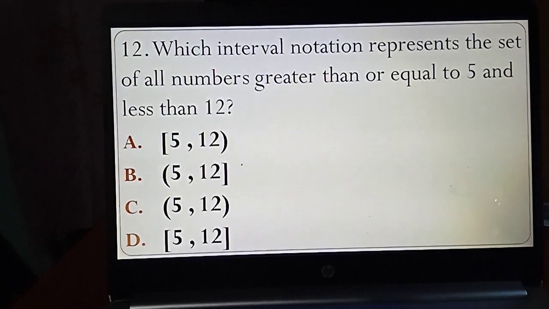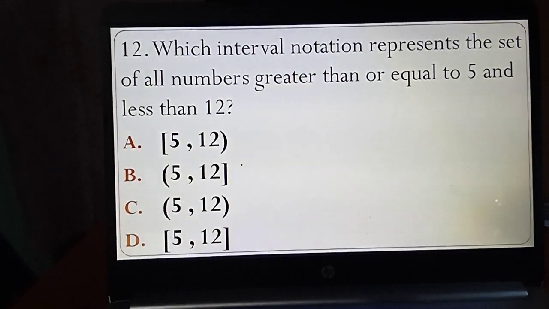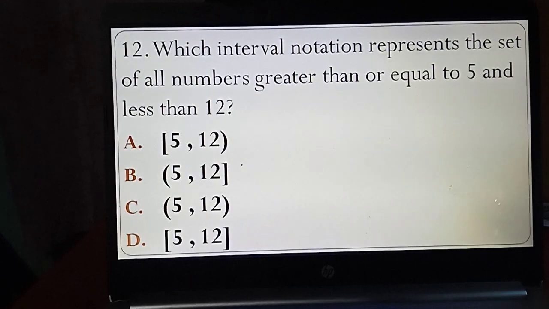Like in letter A, we have 5 included and 12 excluded. Parenthesis is excluded. So in the domain, 5 is included, but 12 is not included.